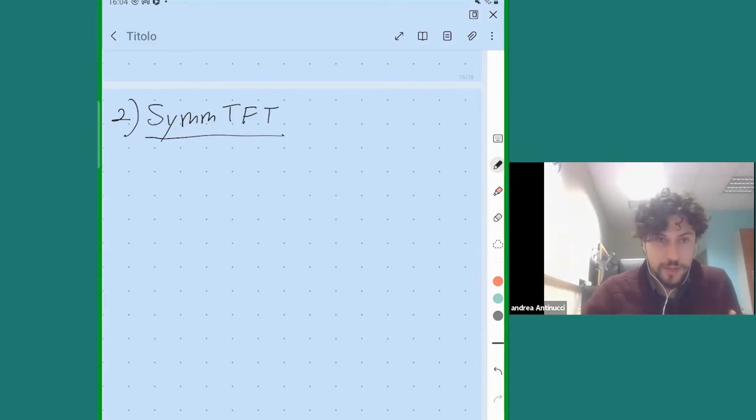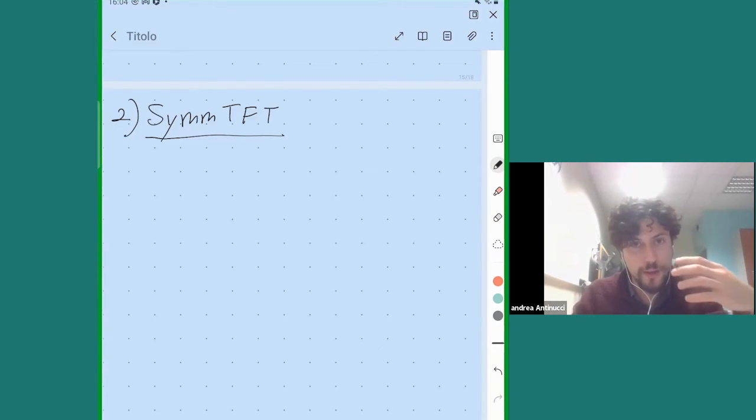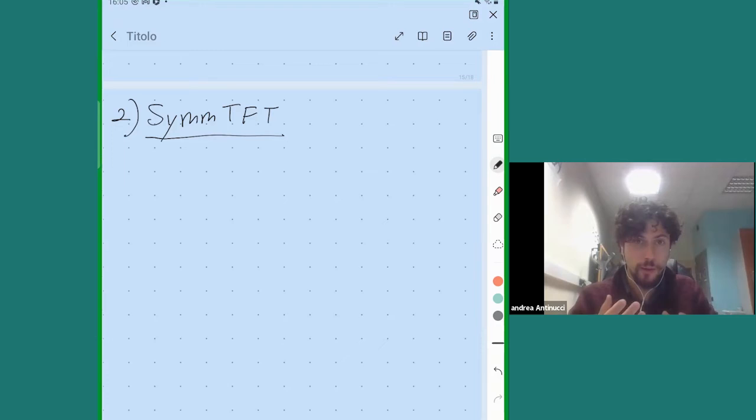And the tool that emerged in the last year, that at the beginning I think was not really recognized to be a tool for doing this, is what is called the Symmetry TFT, which is kind of coupling our theory to a background field, but not in the same dimension, but in one dimension higher. So let me explain what I mean by this. This is really a holographic tool in the same sense as holography.